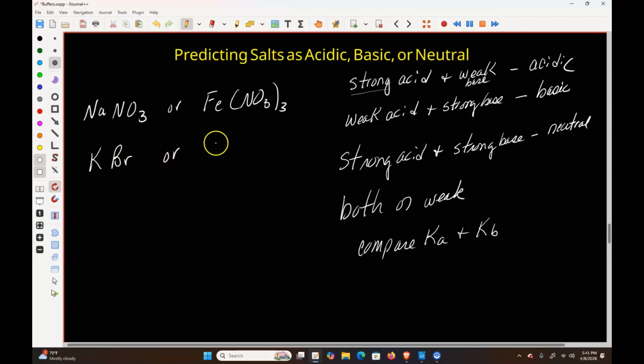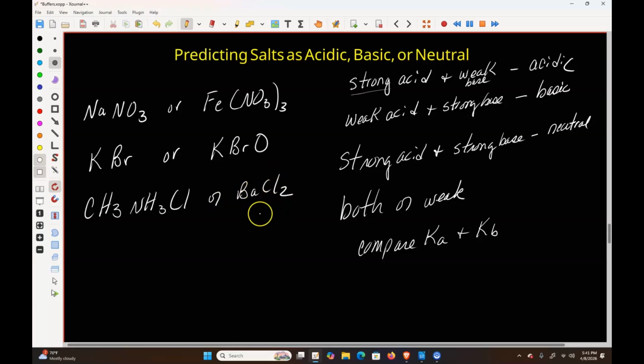KBr or KBrO. CH3NH3Cl or BaCl2. And let's do one more, NH4NO2 or NH4NO3.